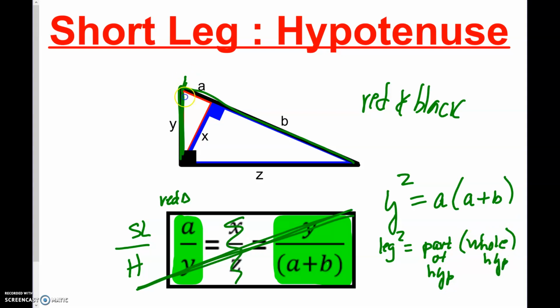You can see the part A times the whole thing, A plus B. So that's using the red triangle and the big black triangle. Y squared equals A times A plus B.